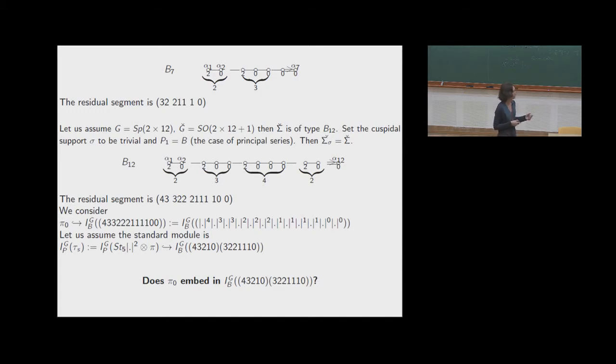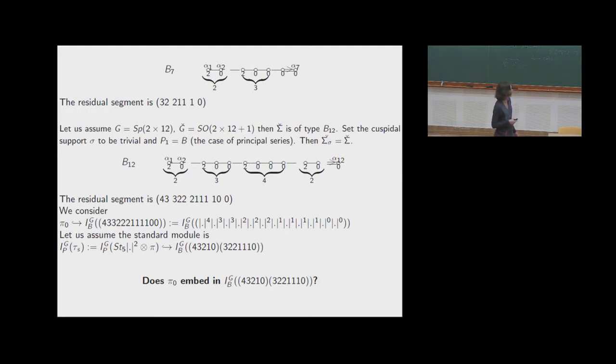It's not in the Lie algebra. That's why here you have the dual group. And here, this group, its type is B12. And in this context of principal series, you know that sigma sigma is actually equal to sigma. So in this context, sigma sigma is just B12.